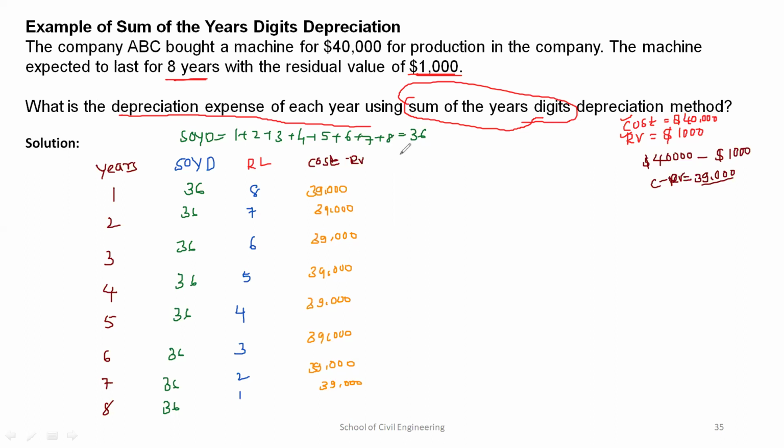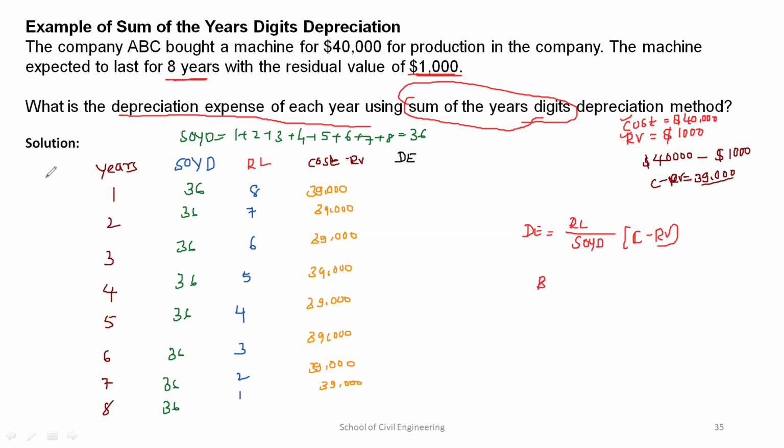Next, we want the depreciation expense. To calculate the depreciation expense, what is the formula? The formula is remaining life over sum of year digits, multiplied by cost minus residual value, right? Now calculate for the first year.